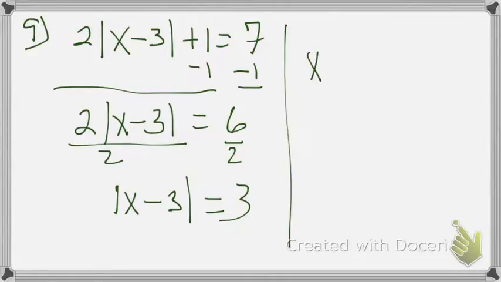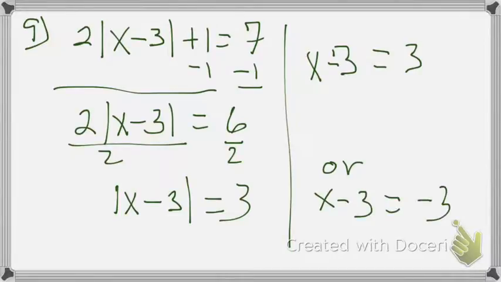So x minus 3 could equal 3, or x minus 3 could equal negative 3. So x could equal 0, or x could equal 6. Alright, now number 11.